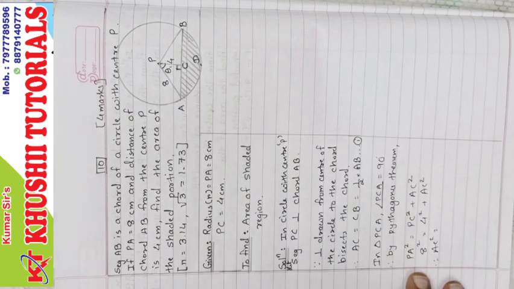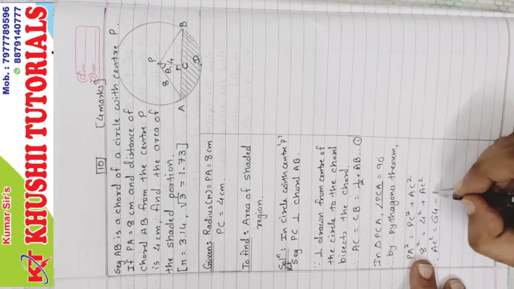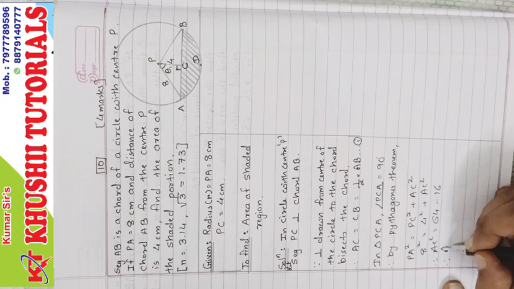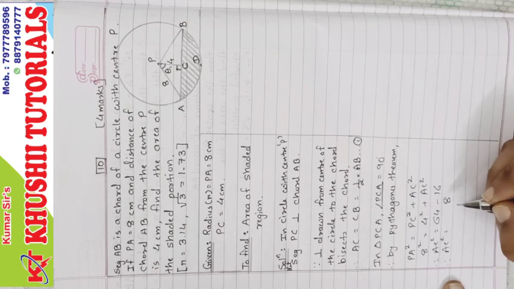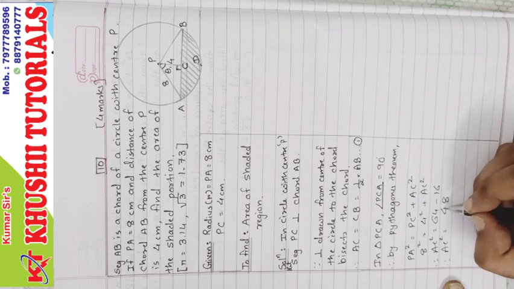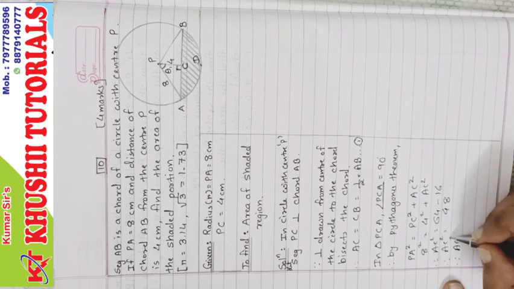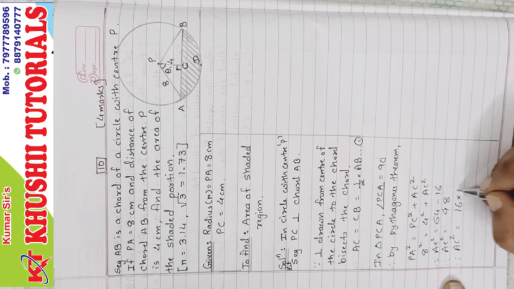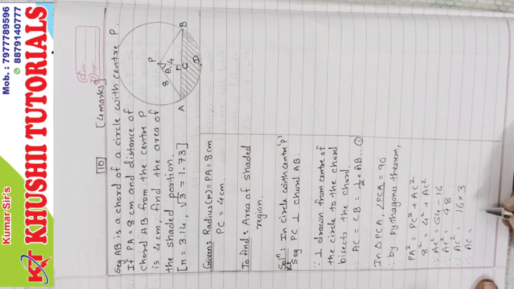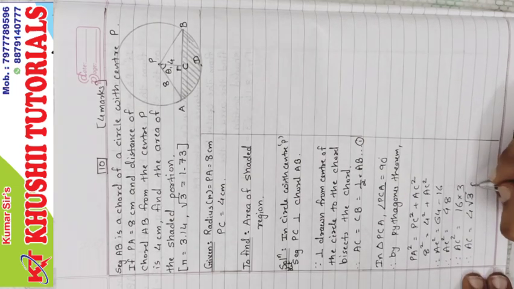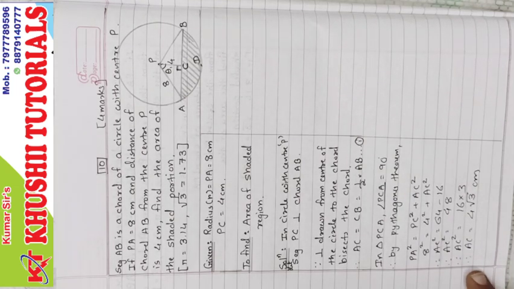So AC square equal to 64 minus 16. So AC square is 48. Now AC square, 16 3s are 48. Therefore AC taking square root, 16 square root is 4, and 3 square root is root 3 centimeter, 4 root 3 centimeter.